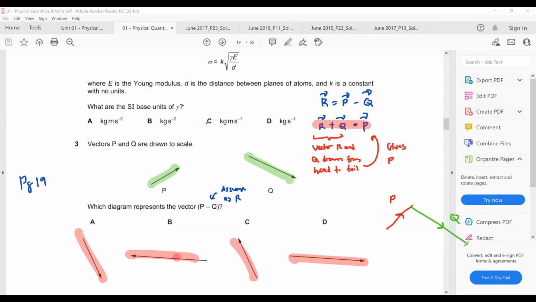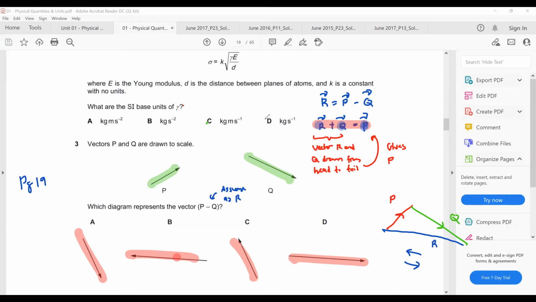You're probably looking at something along these lines. But the question is, is it going this way or this way? So you have to see from here, R plus Q equals P. That means R and Q drawn from head to tail would give me P. So this one here is actually my R.